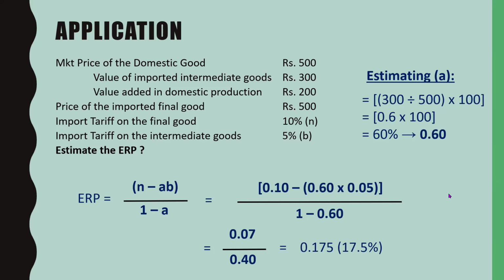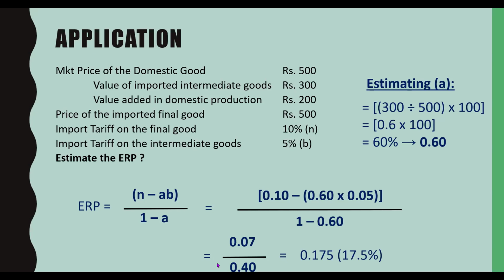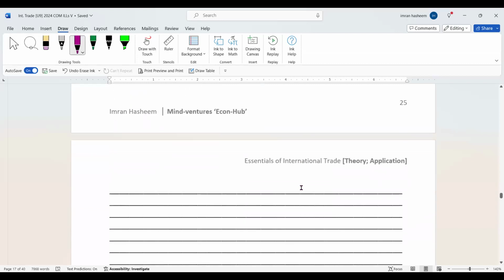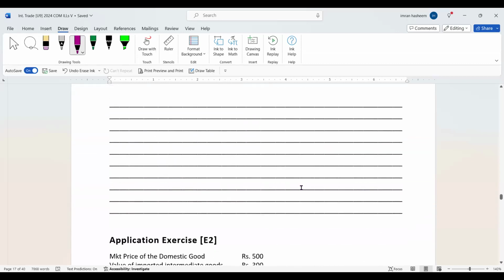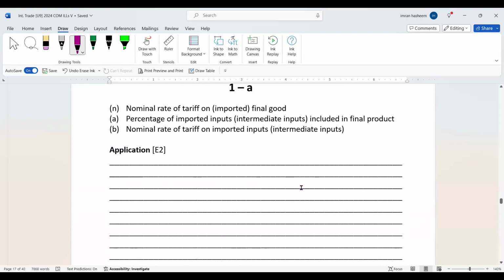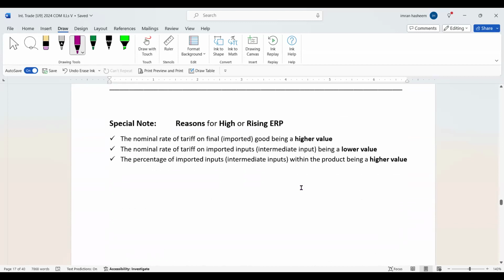What are they? I will go to the study material because I have given it very clearly there. Even in your examiner's textbook, in one version of it, there's an error in the way they have given this. It's wrong. I have used numbers and proven this for myself so that I can be confident with the points. So, special note: how to ensure the highest ERP.